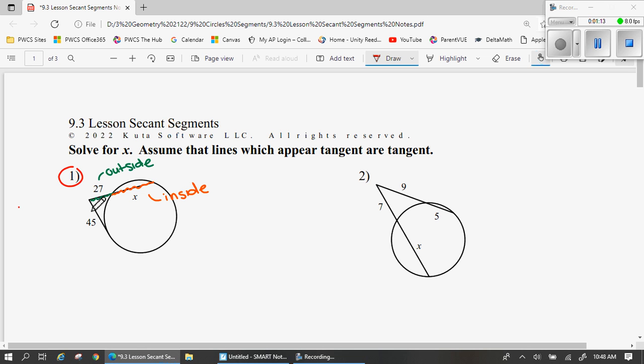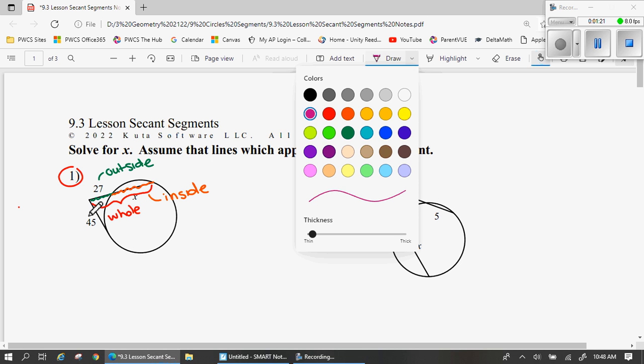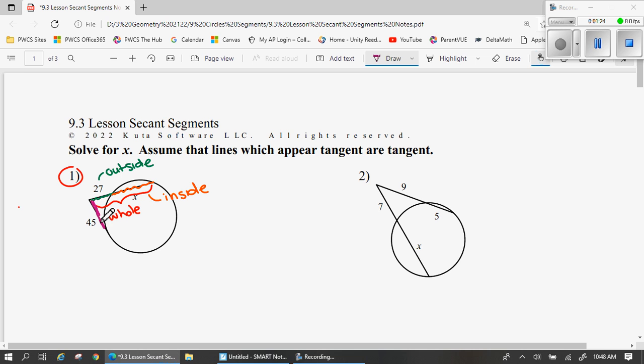When I put them together, I get the whole segment. When I look at the tangent segment, there's only one piece. It's outside. We could say that the whole segment is outside.